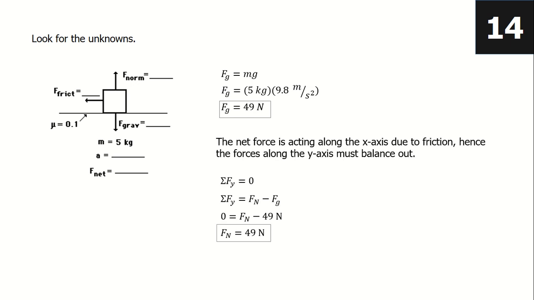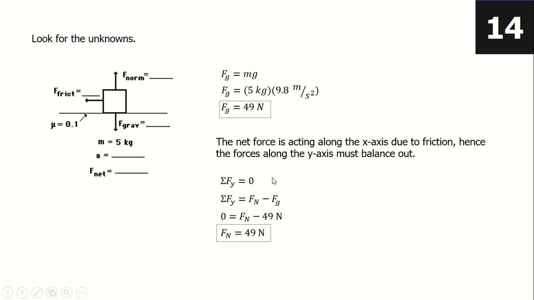From the free body diagram, it looks like my net force is present along the y. And again, just as in most cases, my gravitational force will be equal to my normal force. The forces along the y-axis cancel out. So my normal force will also be equal to 49 newtons.